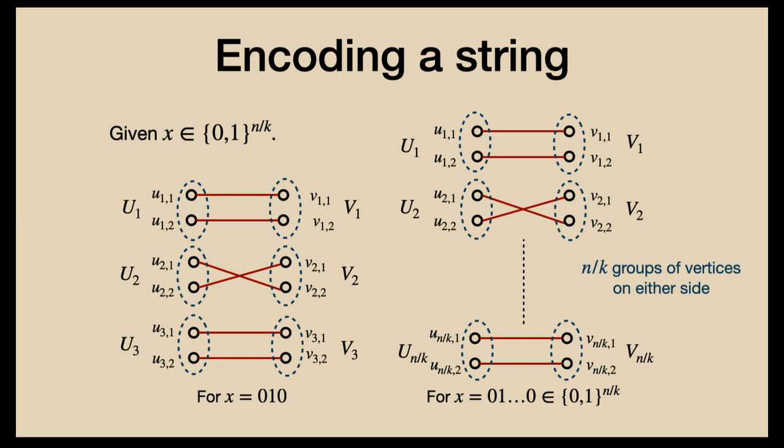So for example, if the string I want to encode is 0, 1, 0, the first set is going to have straight edge connections, the next one is going to be crossed, and the next one is again going to be straight. So I just want to do this for every bit in my string. This part is important for us. This is how we're going to extend it to the actual hard instance too. After this, if there are no questions, let's keep going.